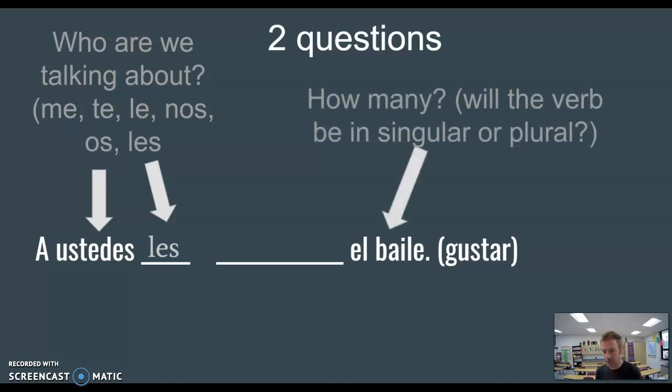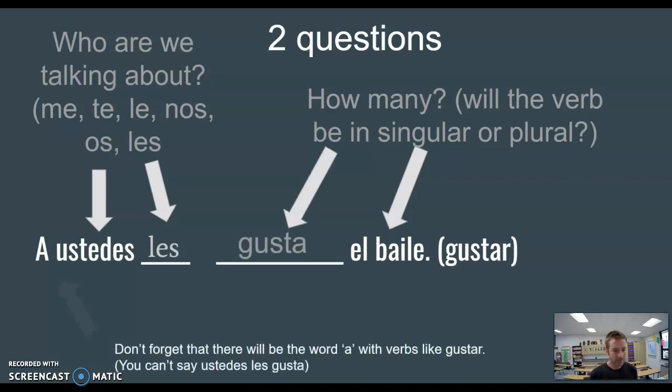Is it one or more than one? If it's one, then gustar is going to end in an A. If it's more than one, it's going to end in an N. Well, in this case, el baile es gusta, right? A ustedes les gusta. And again, don't forget, you can't just simply say ustedes les gusta. That's not grammatically correct. You can either say a ustedes les gusta or simplemente les gusta.